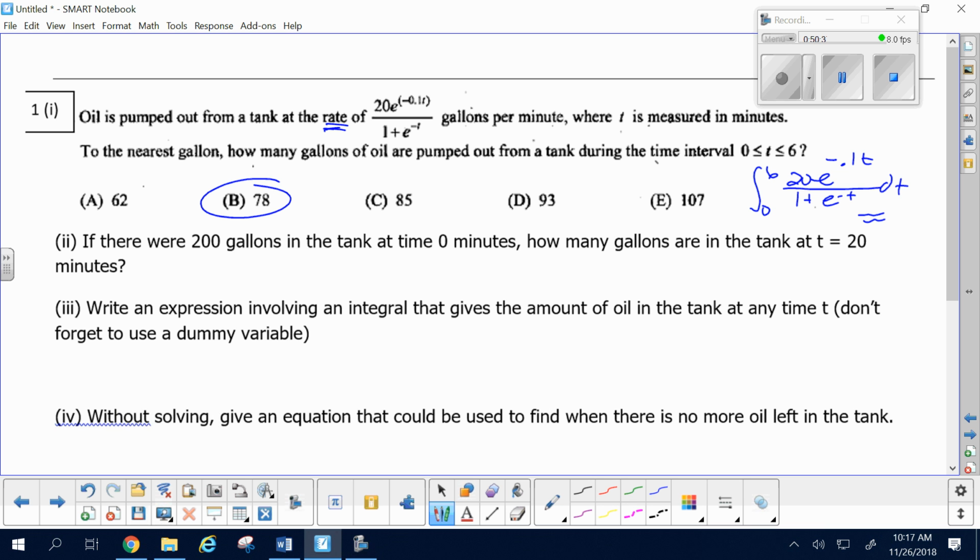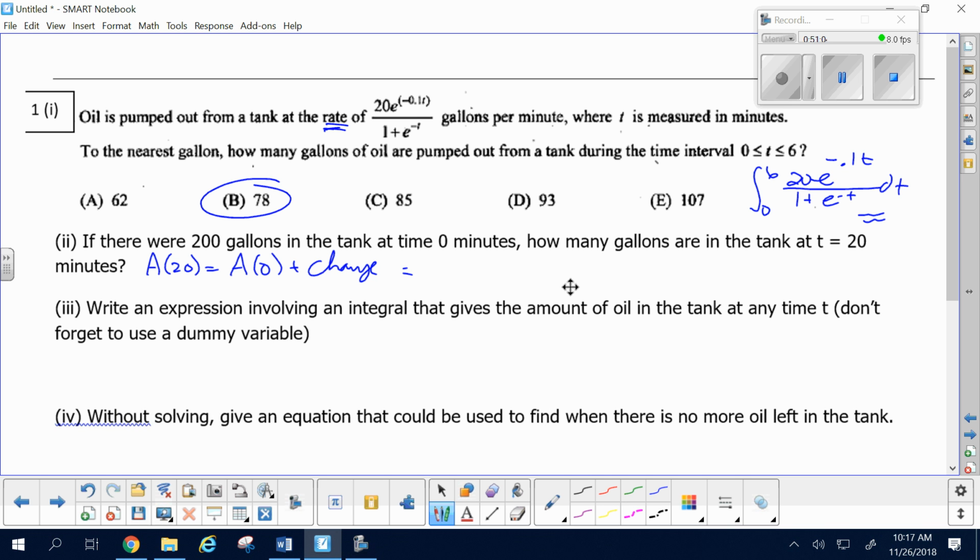Now, that was just the change in the amount. If they want amounts, then you have to talk about starting plus change. In this case, for example, if there are 200 gallons to start with at time 0, how many gallons are there at time 20 minutes? Then the amount at time 20 would have to be the amount at time 0 plus the change in the amount, which amounts to a whole bunch of rate times time calculations, which is what the integral does.